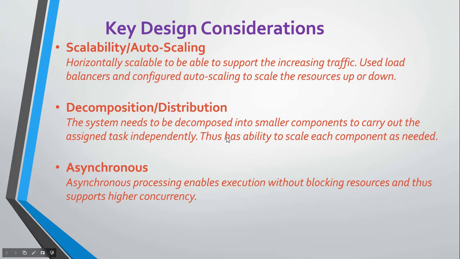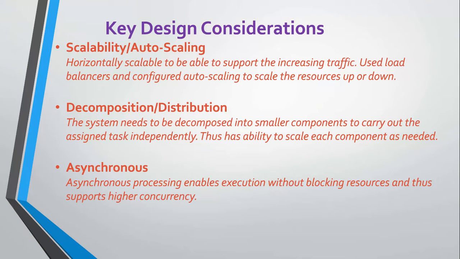Before jumping into the architecture and other things, let us see the key design considerations, the ones Hotstar kept in mind that are critical for this kind of use case. To start with, scalability and auto scaling. Whenever we talk about data with a huge volume, especially real-time data, enabling auto scaling or taking care of scalability is a key thing.